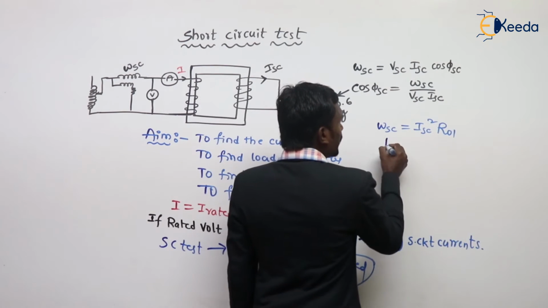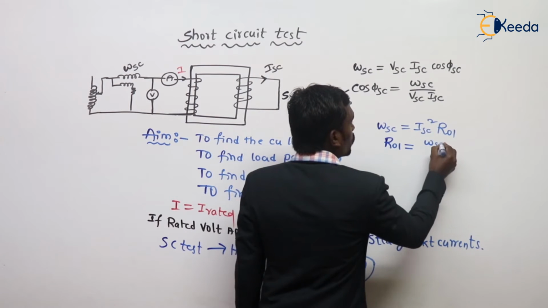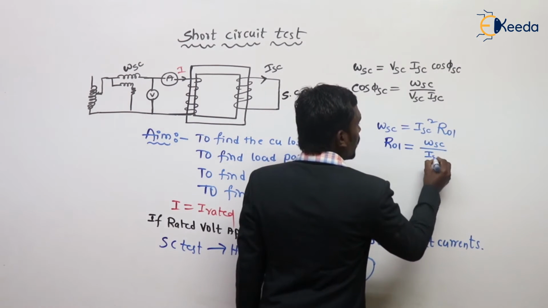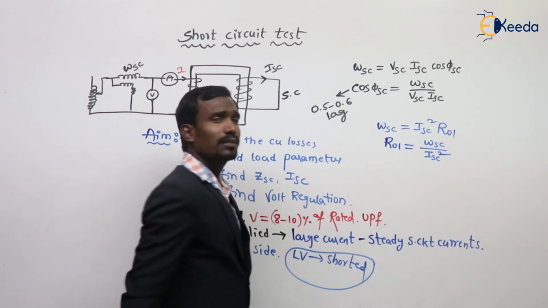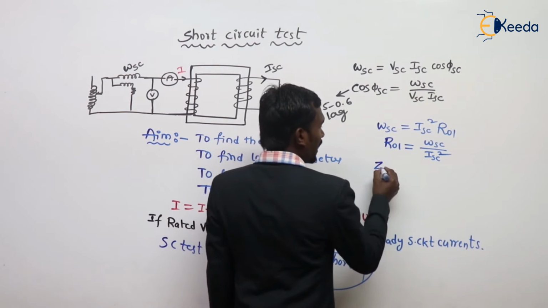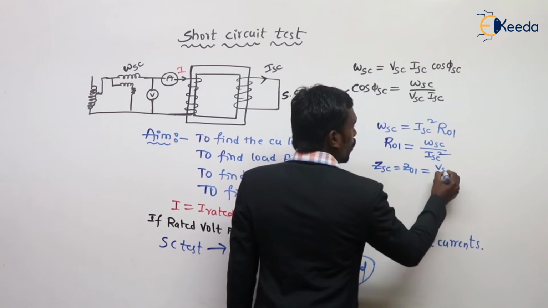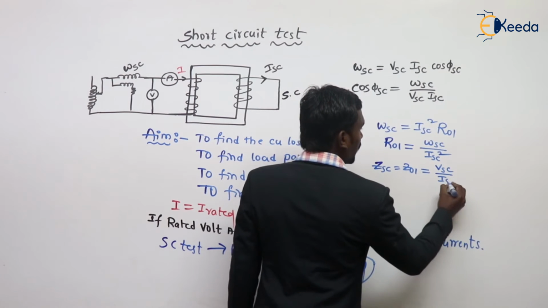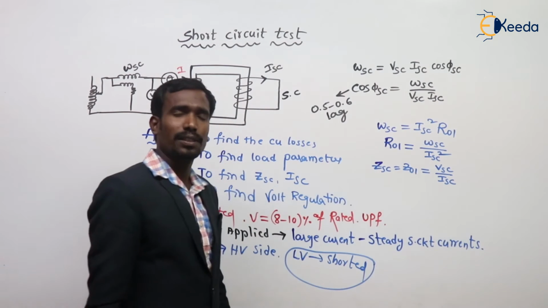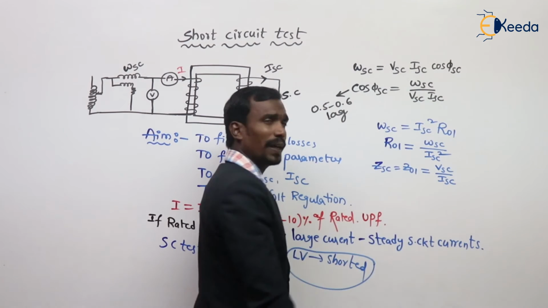From this we can calculate load parameters. R01 is equal to WSC by ISC square. I got R01. Next, ZSC or Z01 is equal to VSC by ISC. I have Z01 and R01.